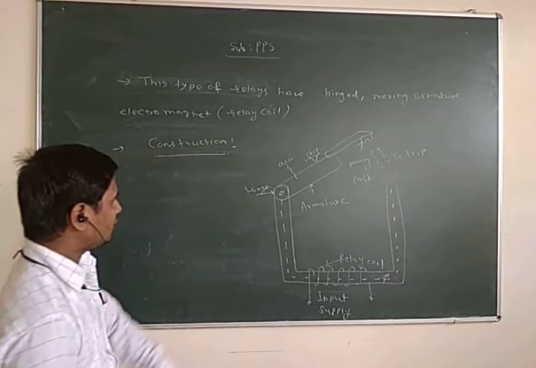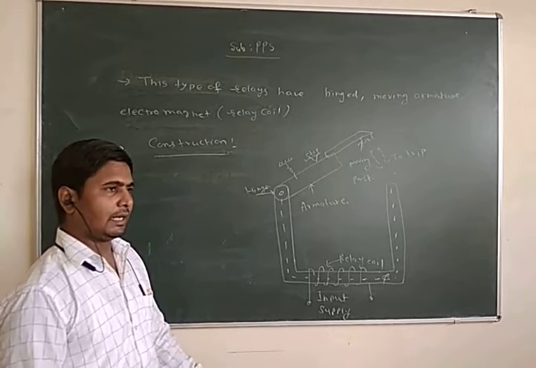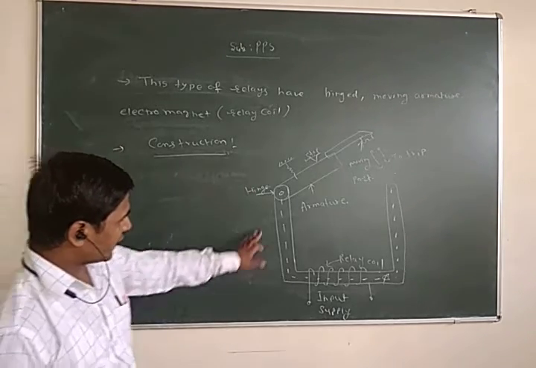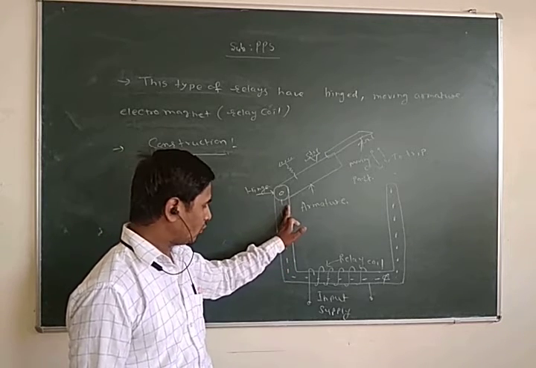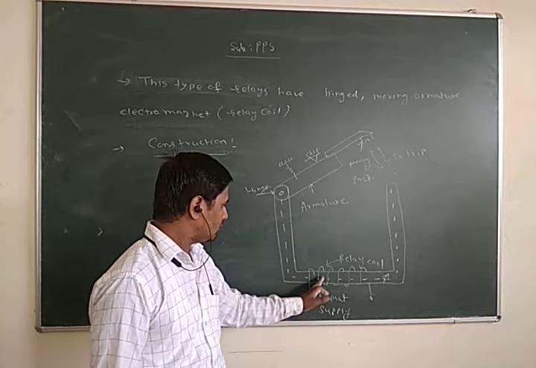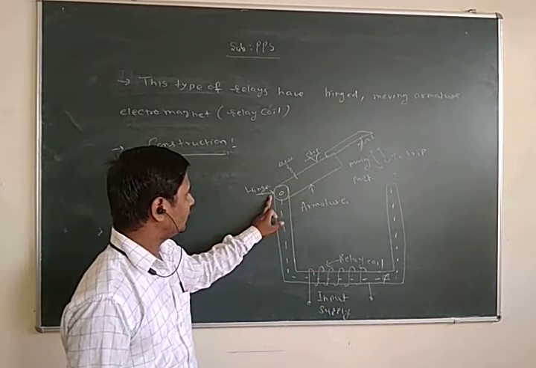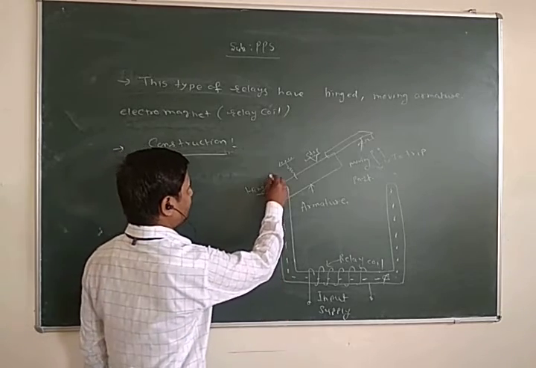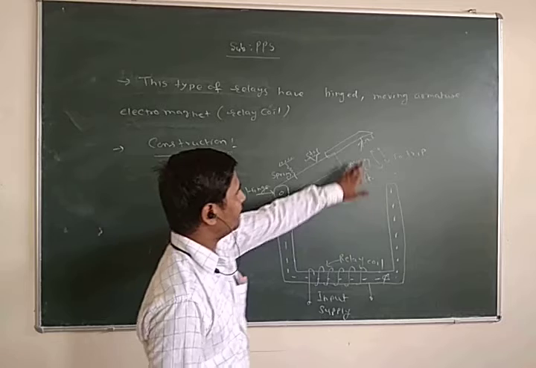So this is the construction of the electromagnetic attraction type relay. In this type of relay, it consists of an iron core, relay coil, armature, hinge, spring control, and moving part.